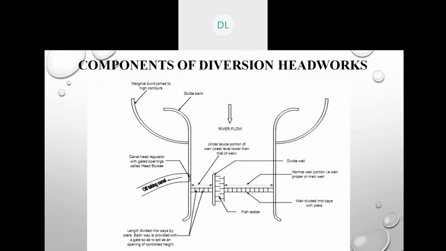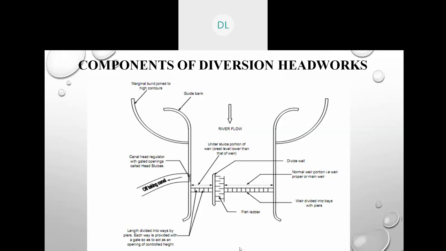We have to scrape out all the loose soils and reach a good impervious foundation rock, because that rock will become a great load transfer media for the upper structure.